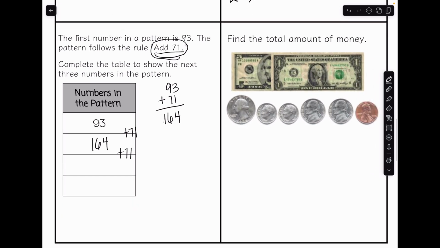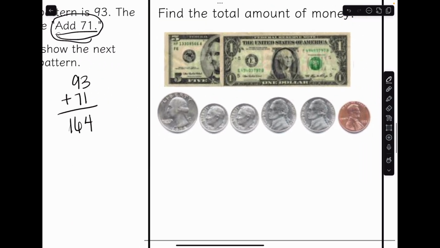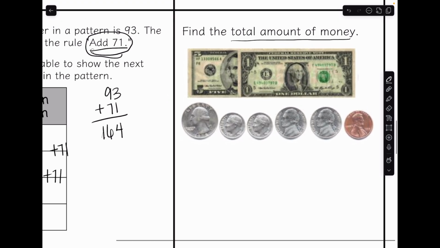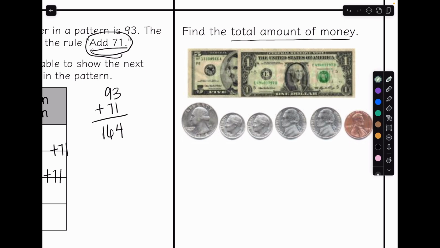And here we go. Our last one is find the total amount of money. Ms. Henderson is just going to tell you the values, and I want y'all to solve with the money, okay? So here we have our values. This is worth $5. This is worth $1. Our quarter is worth 25 cents.